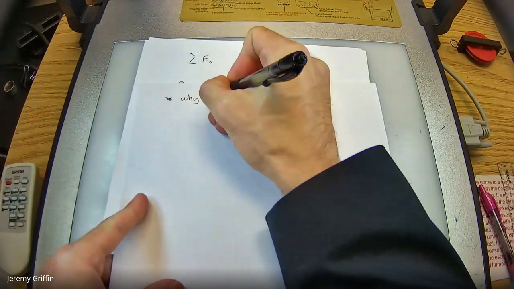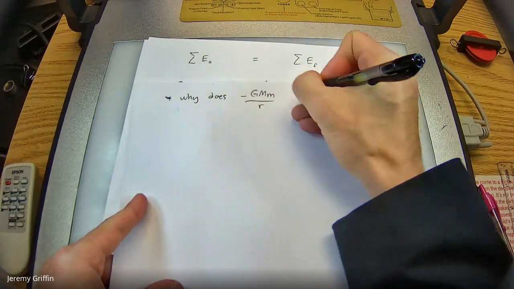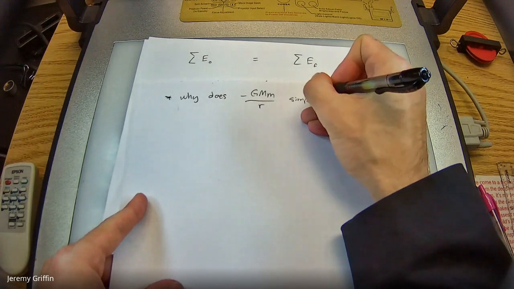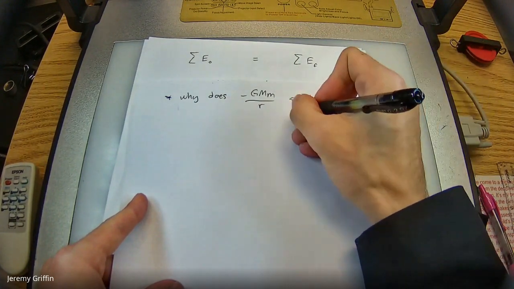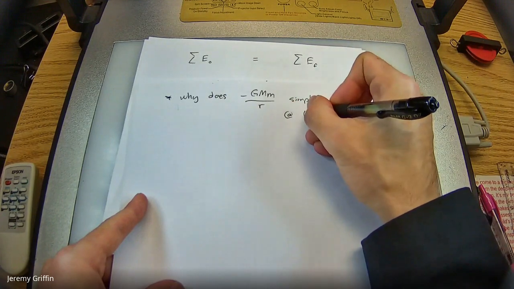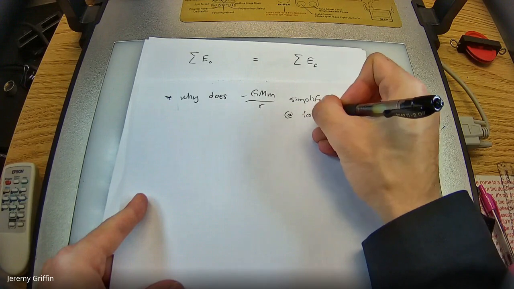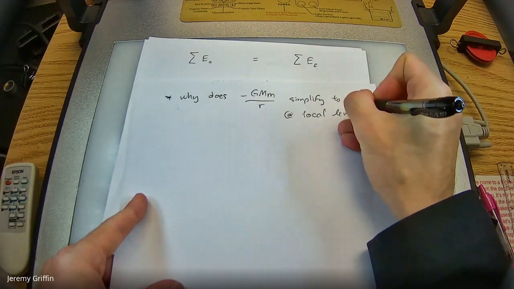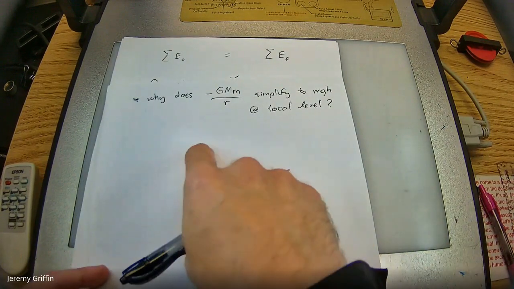Why does negative GMm on R simplify to mgh at a local level? By local, I mean at the surface of a planet, local to the surface of a planet.